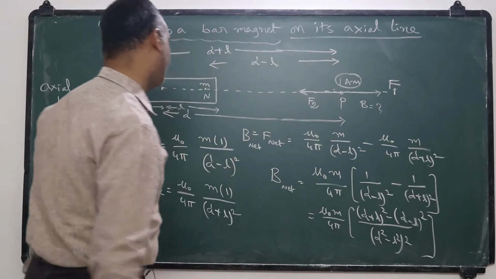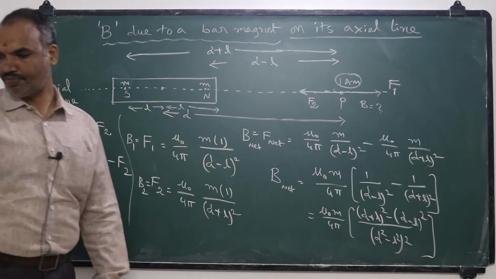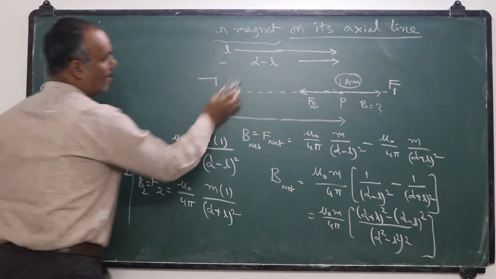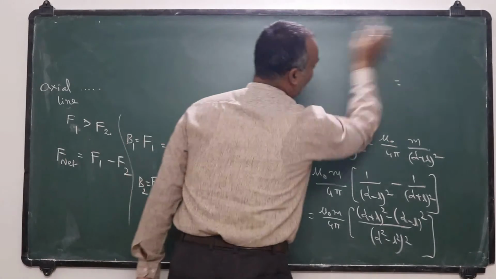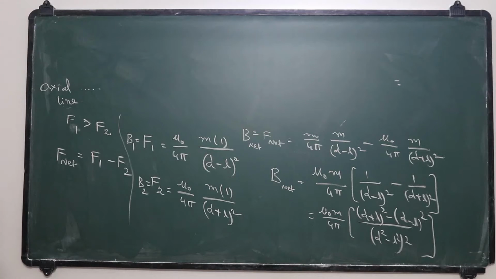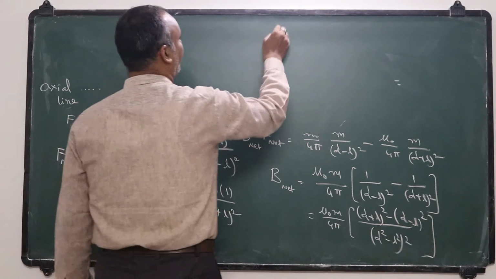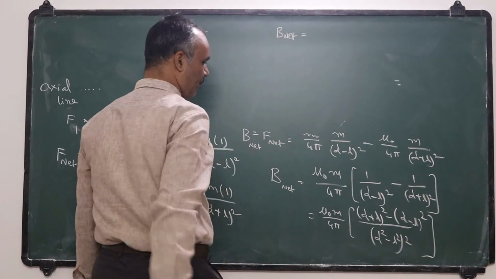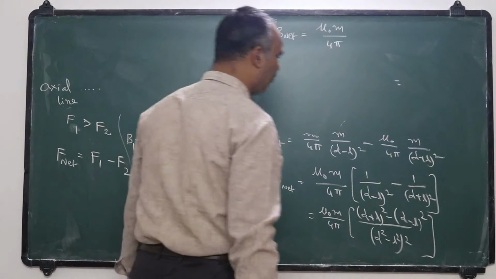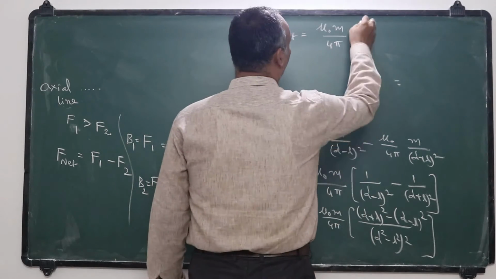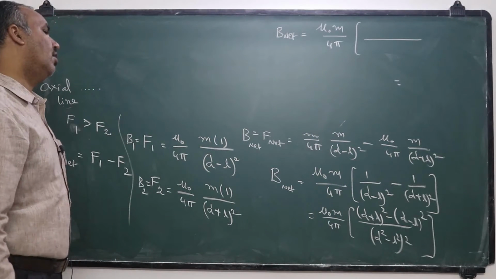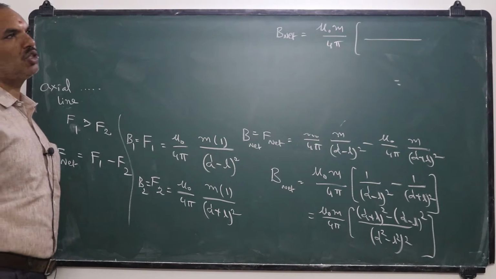On simplification, the net magnetic field is given by mu naught m by 4 pi outside, a plus b whole square minus a minus b whole square, which is 4ab.